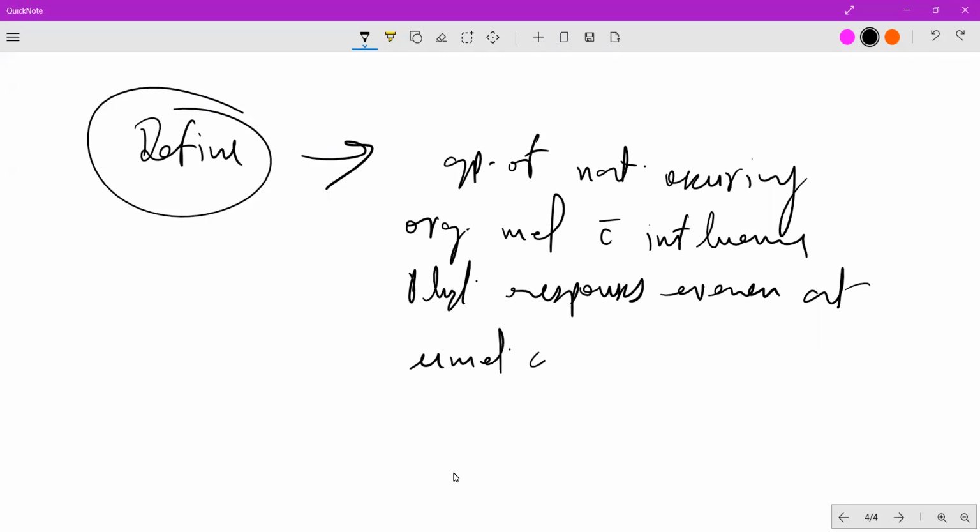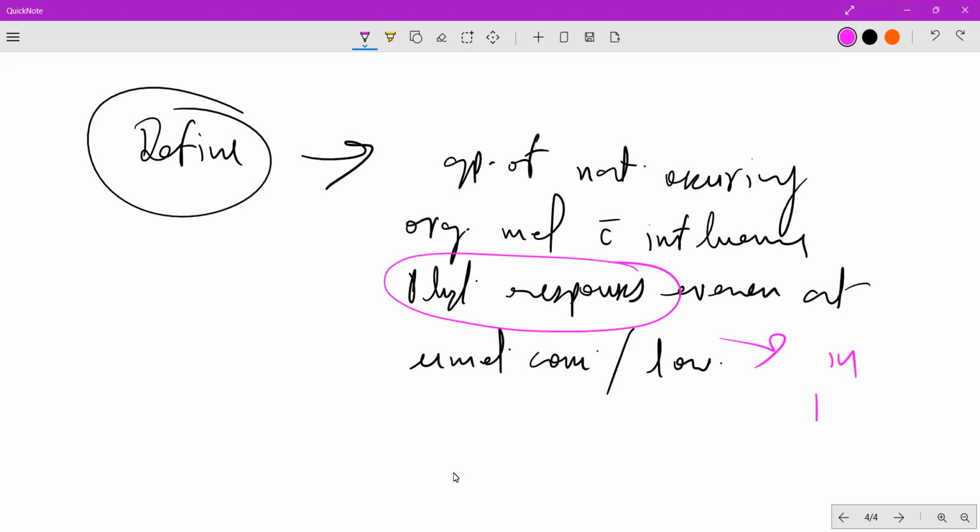They are able to influence physiological responses in the plants. So we call them phytohormones. Very simple definition: molecules which influence physiological responses even at micromolar concentration.